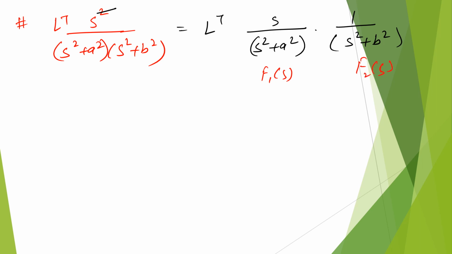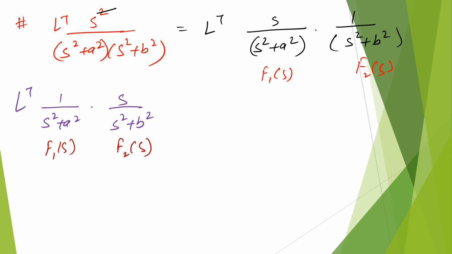If someone just changes the value, someone is having just 1 upon s square plus a square into s upon s square plus b square, and this will be f1s and this will be f2s. The answer will be same.